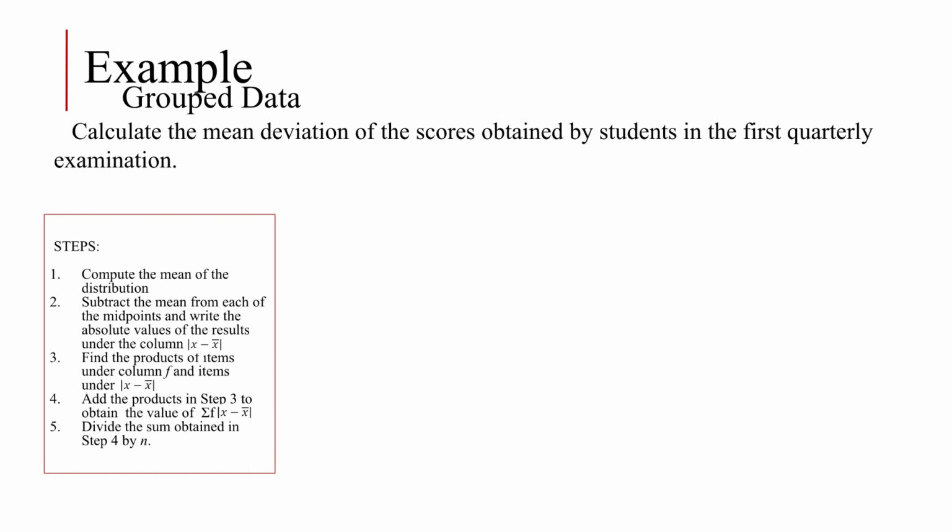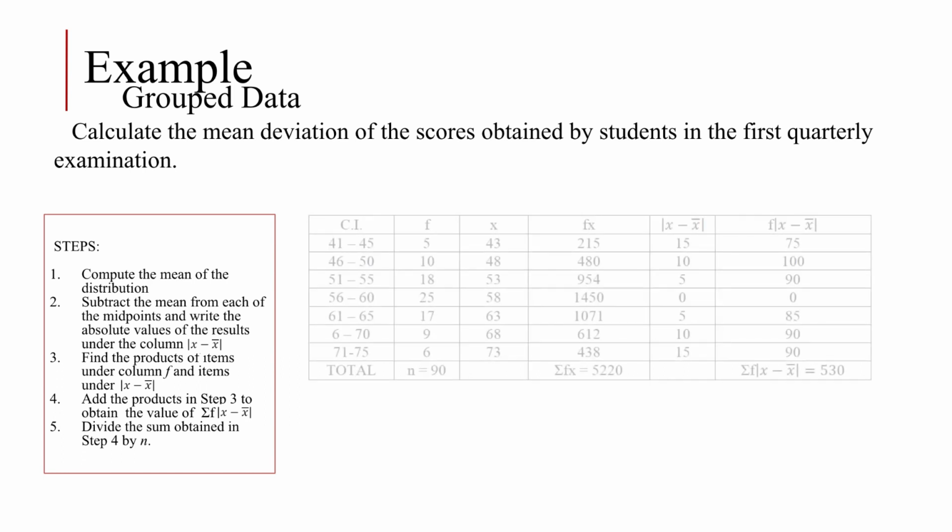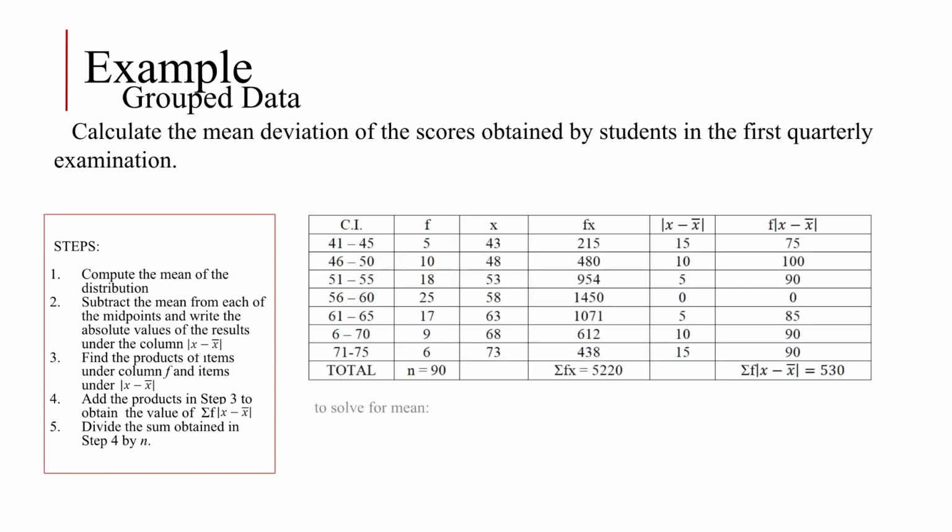Next, grouped data. Calculate the mean absolute deviation of the scores obtained by students in the first quarterly examination. There are also 5 easy steps to do that. Let's say these are the results, but we will solve them individually. Step number 1, compute the mean of the distribution. I will not be discussing anymore how to compute the mean of grouped data because we're already done talking about it.